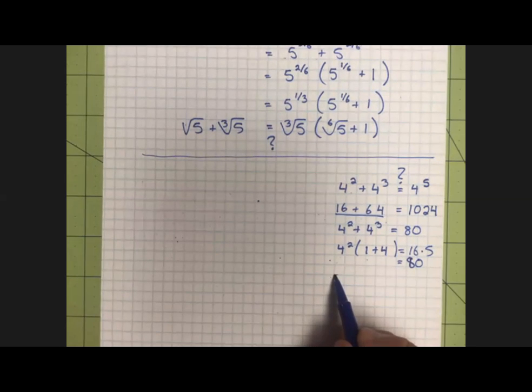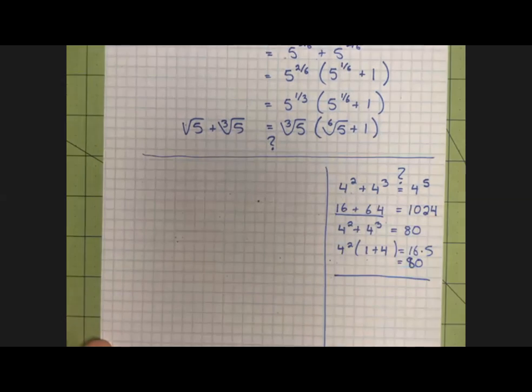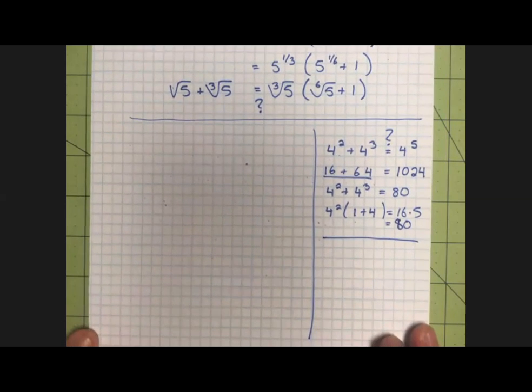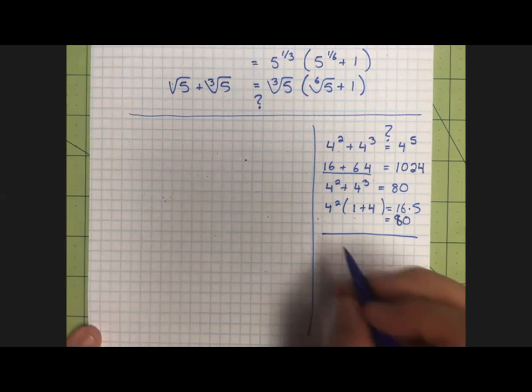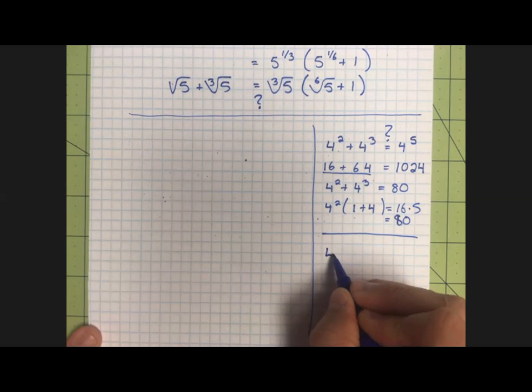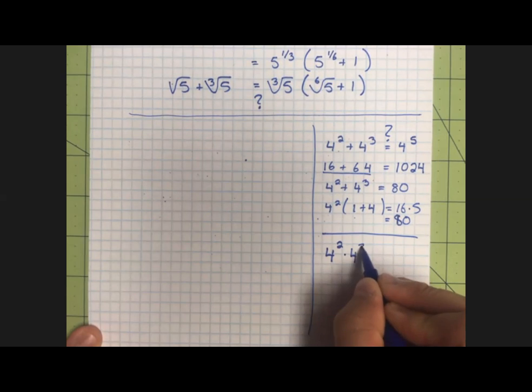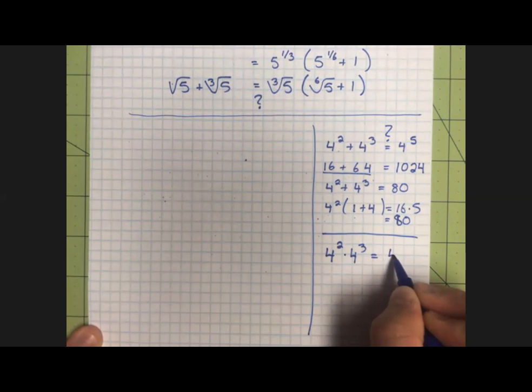Now, you are remembering a true rule, and that's why I spend time to go through this here with you, because it's really important. You're remembering a rule, and you're mixing it up with something else. You're remembering this rule. If I have 4 squared times 4 cubed, I'm allowed to add the exponents.